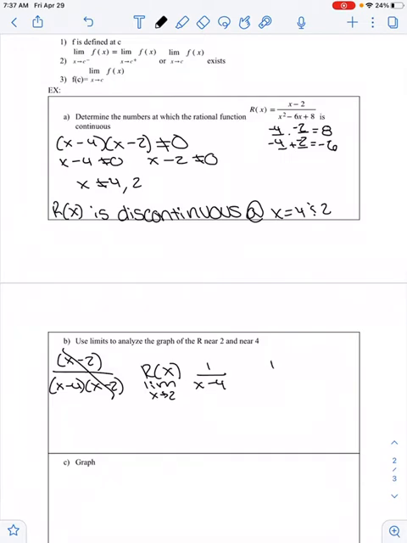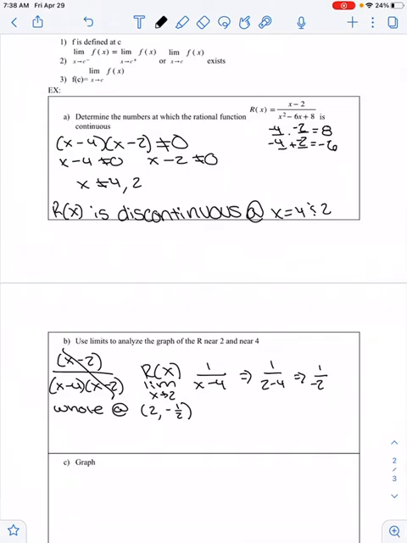Just plug in 2, so 1 over 2 minus 4 equals 1 over negative 2. So since we got an answer, that means there's a hole on the graph at 2 comma negative 1/2.